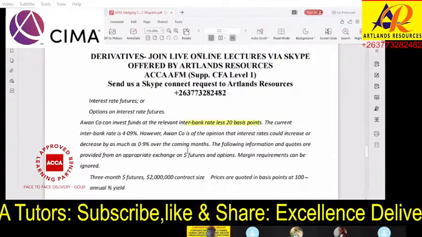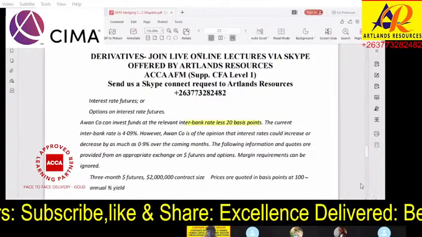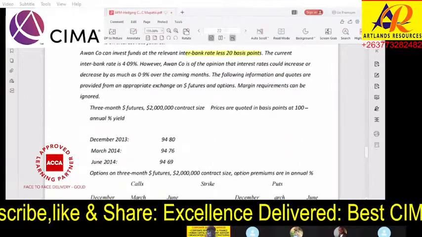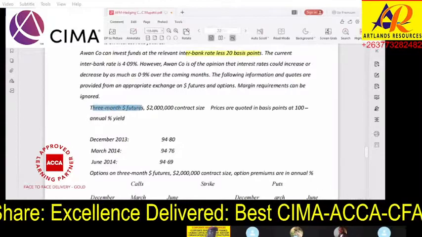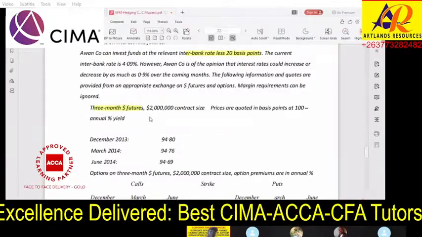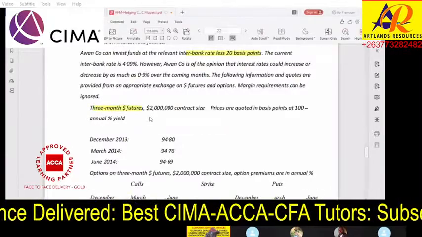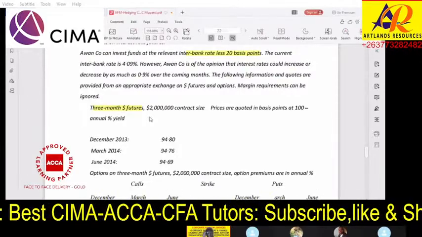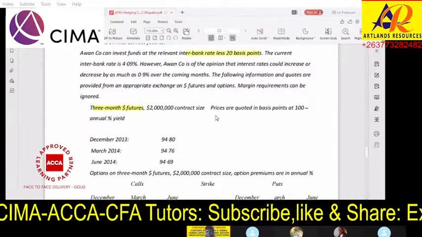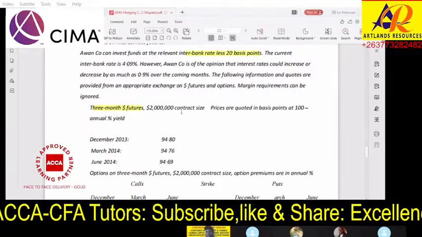The following information and quotes are provided from an appropriate exchange on dollar futures and options. Margin requirements can be ignored. So there are 3-month futures, meaning these futures mature after every 3 months. I shall show you shortly. Contract size 2 million.